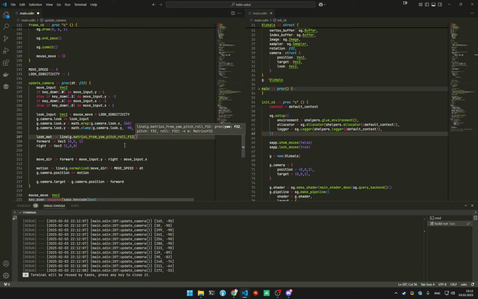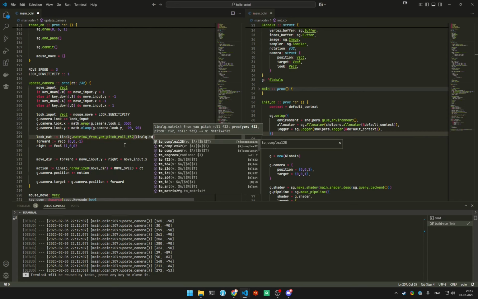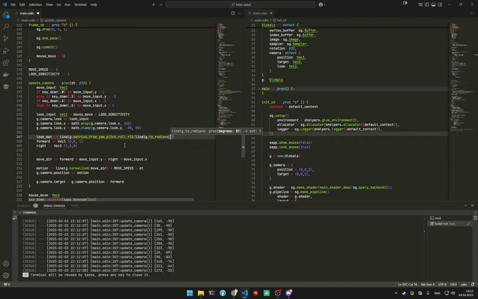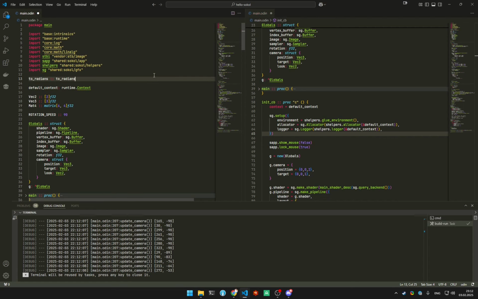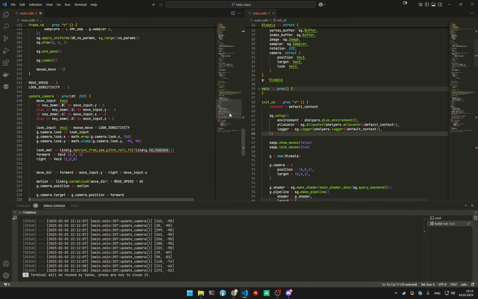So the yaw should be linalg to_radians. Let's not forget about this. By the way, if we use this function a lot and we don't want to always prefix it like this, we can just say to_radians is linalg.to_radians, like a constant, basically. Very handy. So we can just say to_radians, and that would be look.